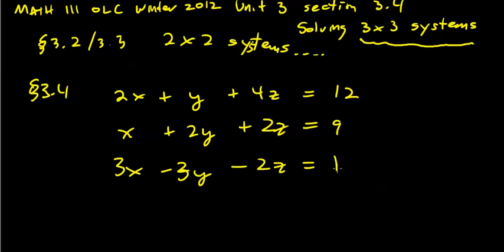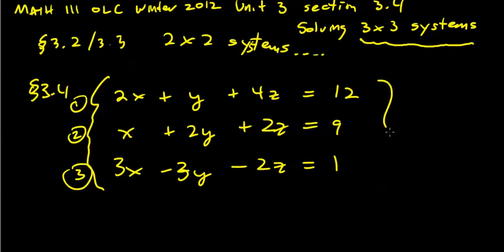One little flub can send you off spinning into space. Alright, so I claim this is a 3 by 3 system. Basically, we've got three equations with three variables that I have to solve all three of these simultaneously.